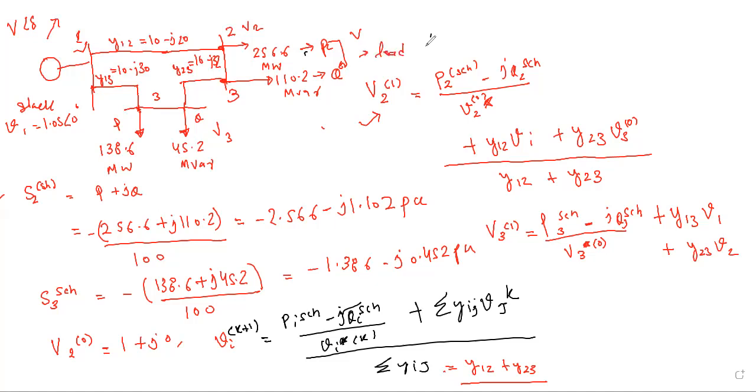At the slack bus only voltage and angle are specified; P and Q come at the load bus, right? Yes, sir. That definition is very important. So this term will not come.